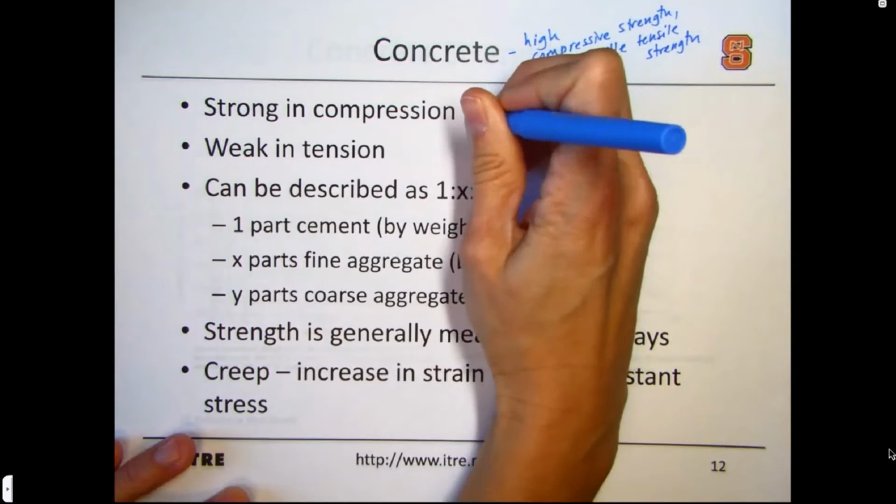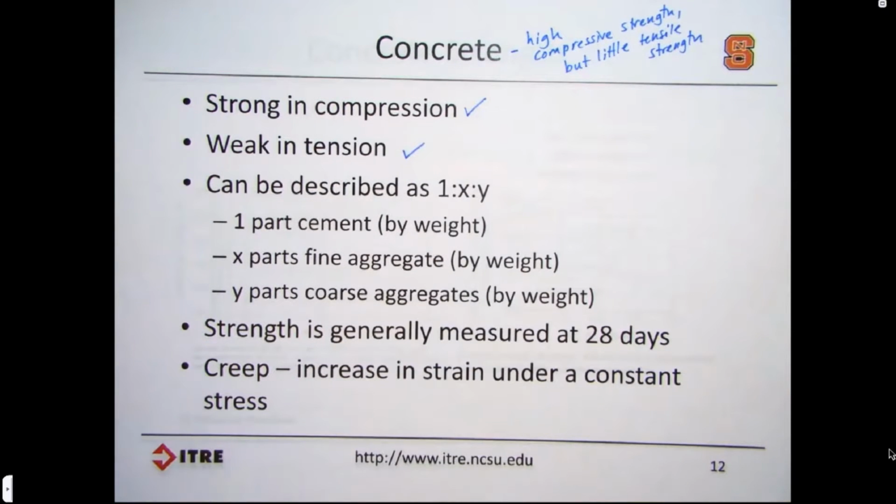And so here we are, strong in compression, weak in tension. Okay, and so because of that, we're going to do some things to help that concrete out. We'll talk about that in a minute.